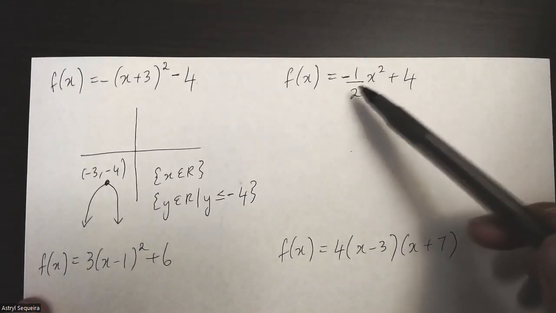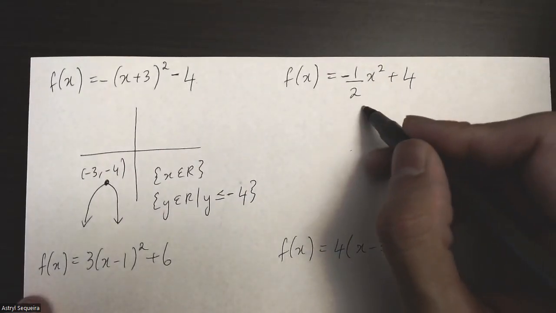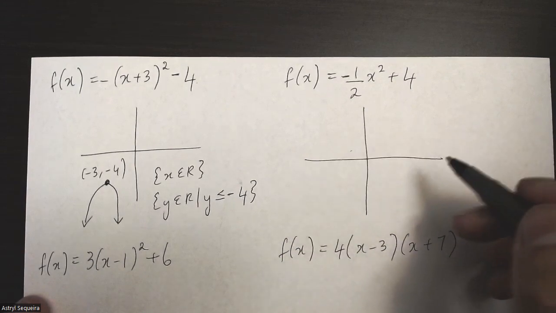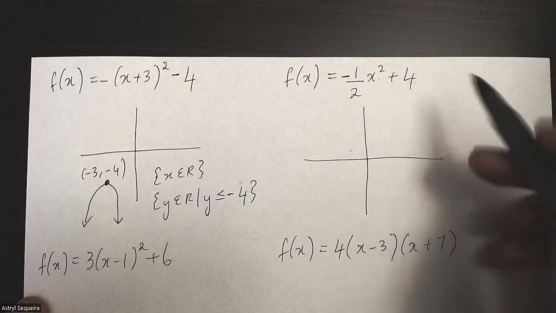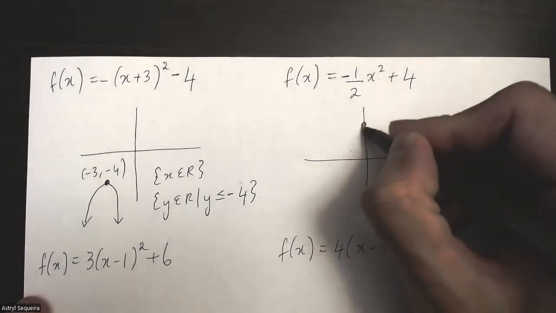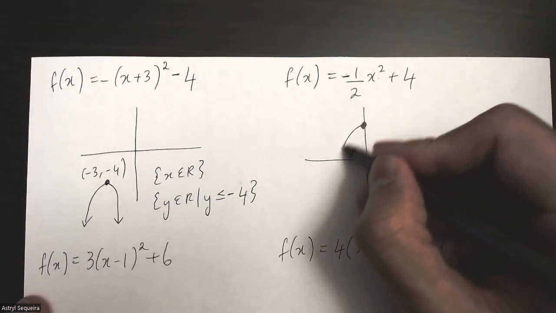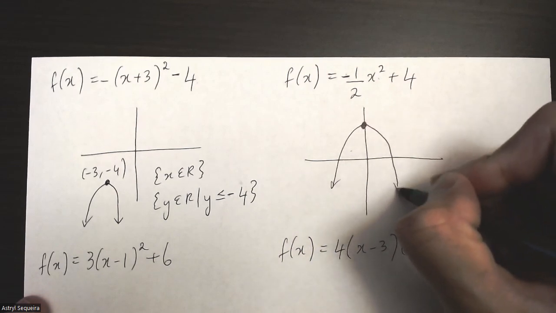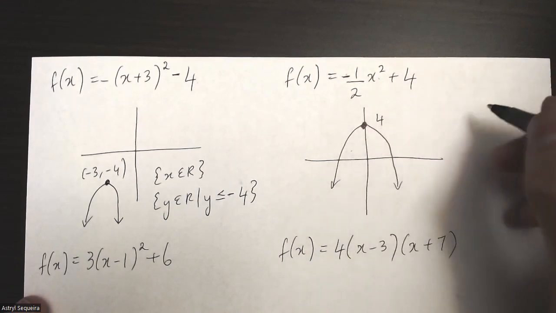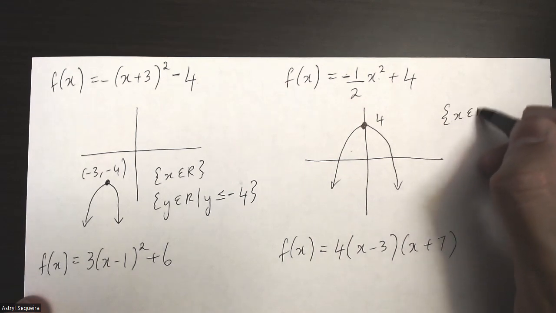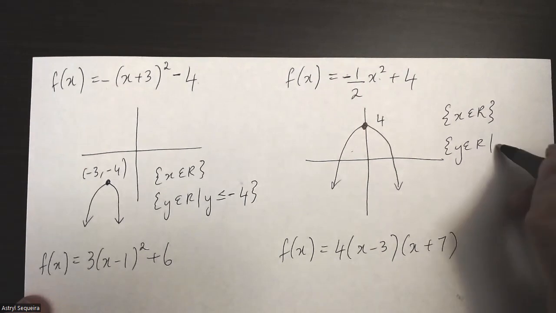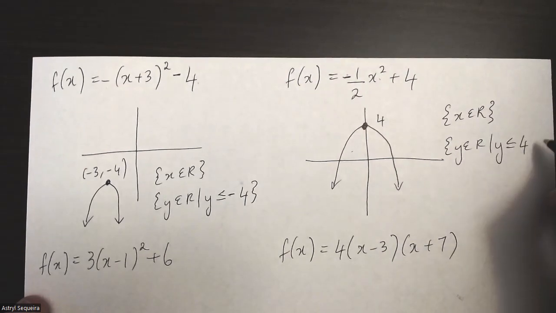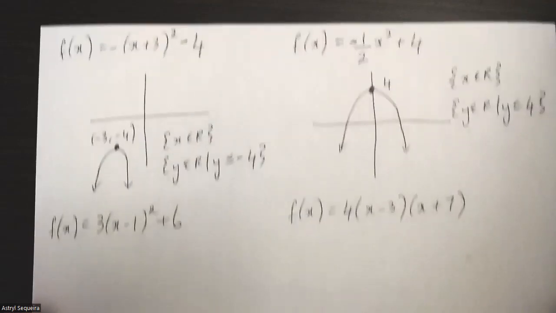Next one here, this is both standard and vertex form. So again, I can just sketch it straight away. The vertex is at 0 and positive 4 for this one. Negative a value means it opens down. Domain is all real numbers, and range is all real numbers less than or equal to 4.